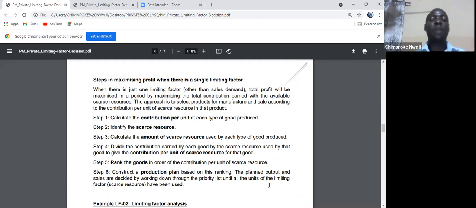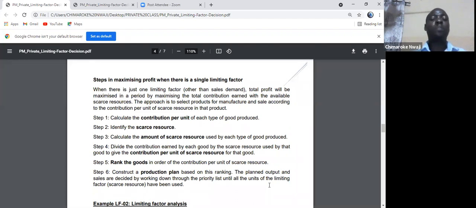When we are doing our production plan and we are asked to calculate the contribution, we do not use the contribution per unit of scarce resource as our contribution in the production plan. We use the contribution per unit in step 1.